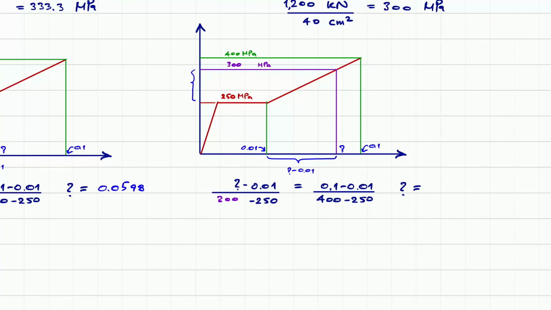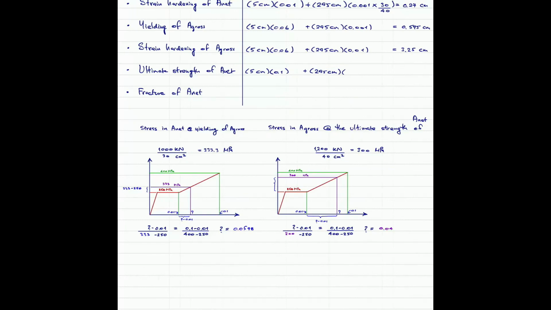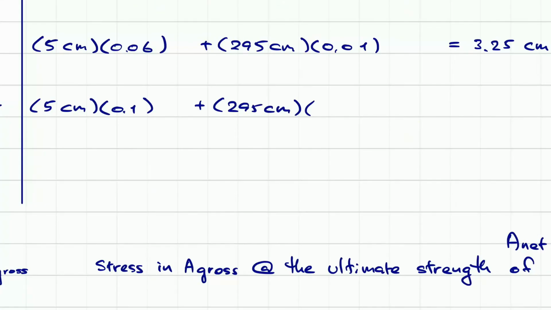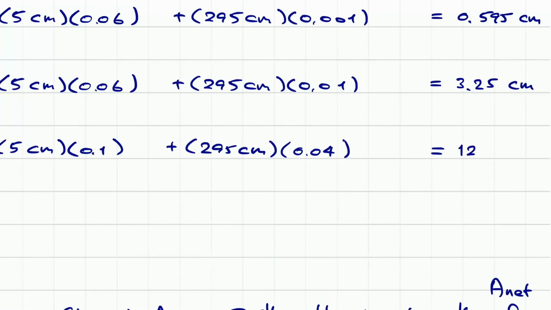But 0.09 multiplied by 50 divided by 150, and that add up with 0.01, that is 0.04. 0.04 in here. 5 times 0.1 plus 295 times 0.04, 12.3 centimeters.